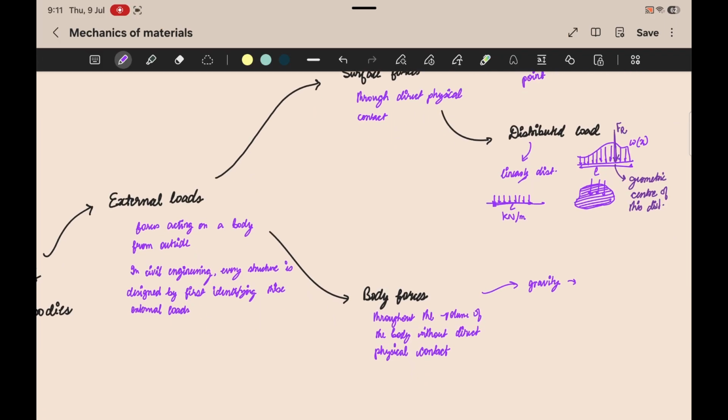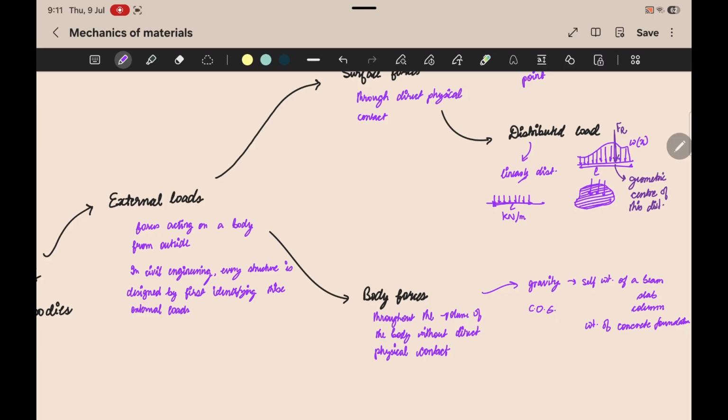A few examples would be the self weight of a beam, slab, column, or anything, or the weight of a concrete foundation, because gravity acts in all those structures, and it always acts at the center of gravity.